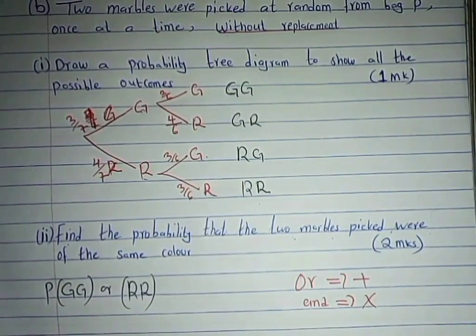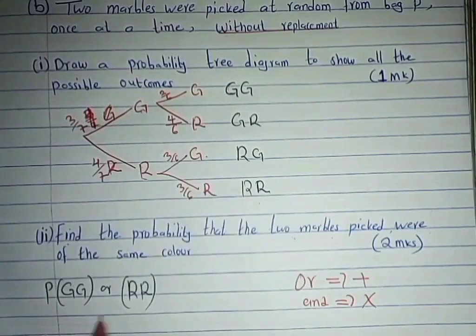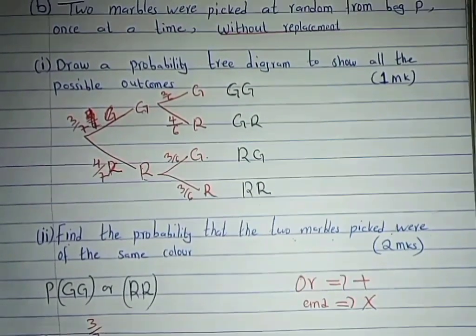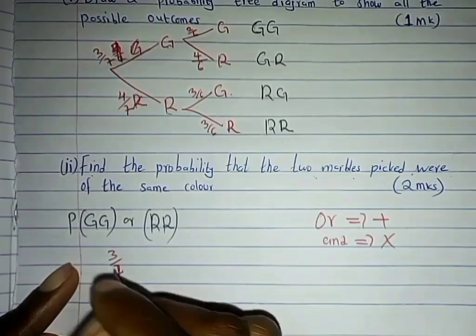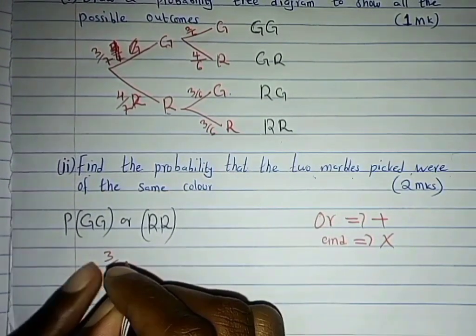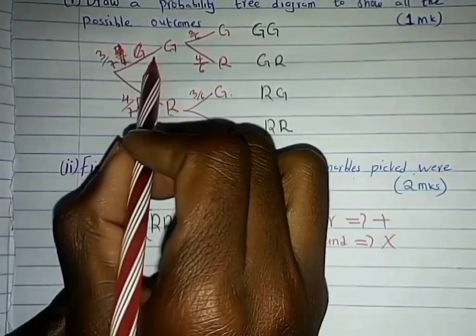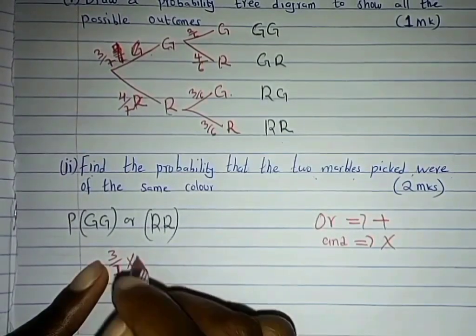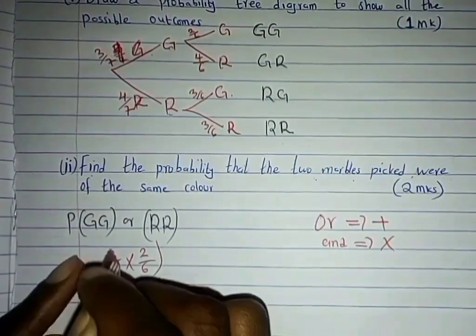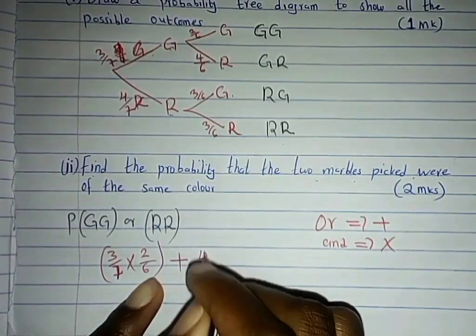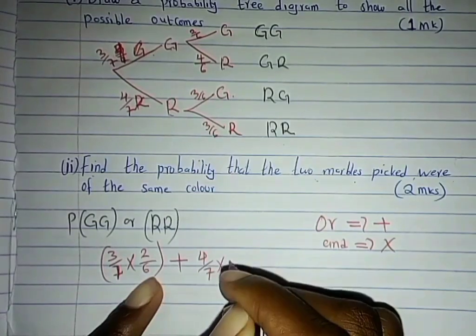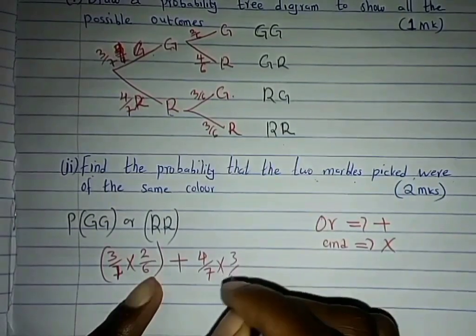So the probability of picking a green, this is 3 out of 7, again you multiply by 2 out of 6, then you add, or a red, that is 4 out of 7 multiplied by 3 out of 6.